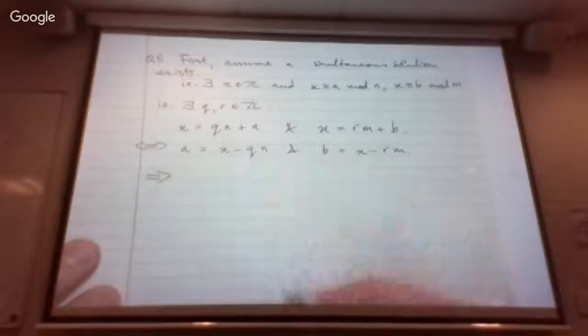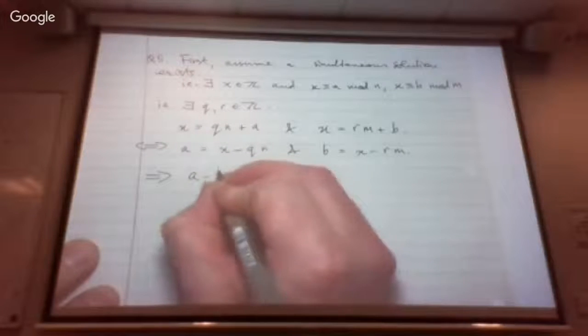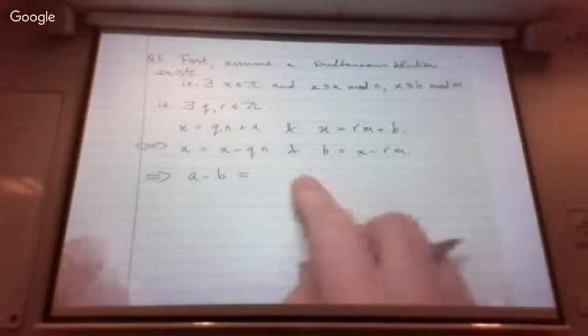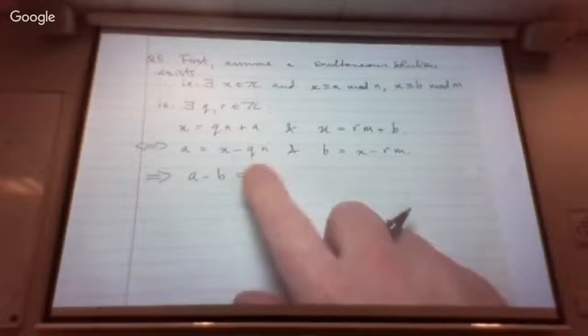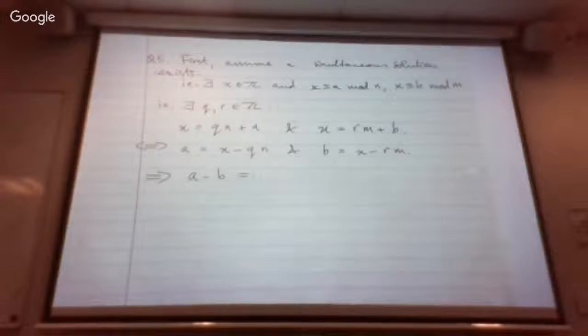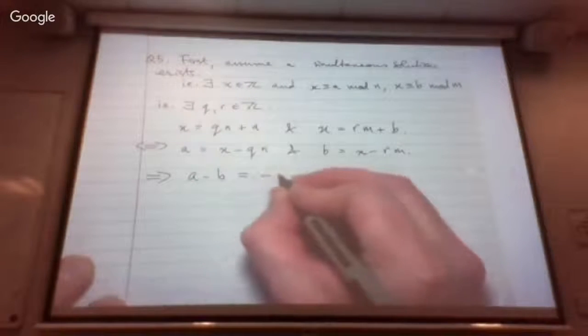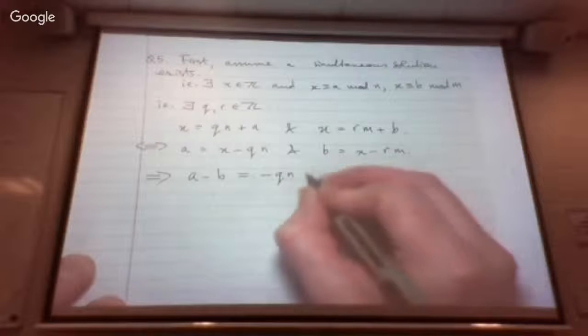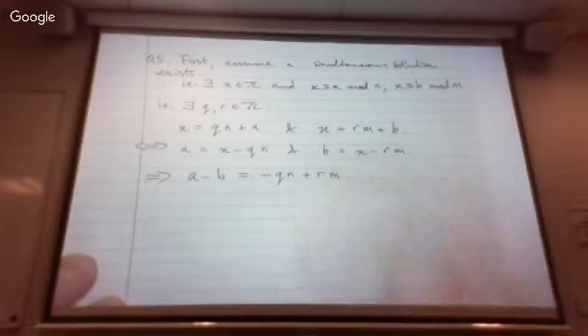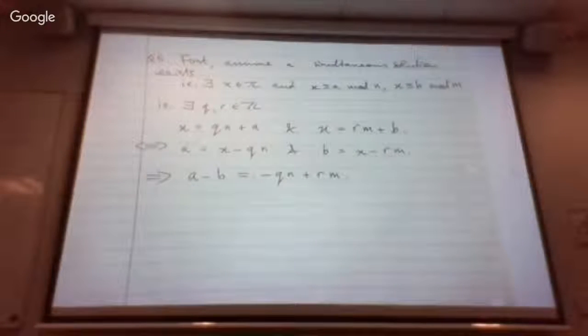A nice thing happens when you do a minus b: the x's cancel, and you've got rm minus qn.